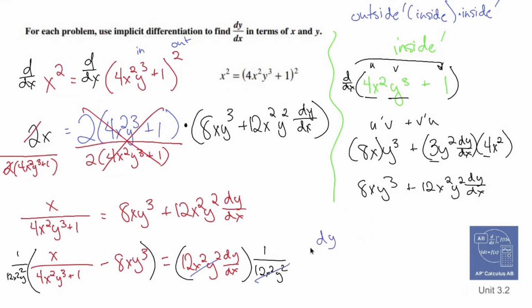dy/dx is going to equal 1 over 12x squared y squared times the quantity x over (4x squared y cubed + 1), so you'd have to distribute there if you wanted to, minus 8xy cubed.